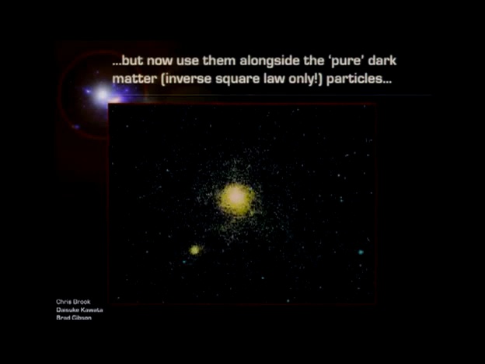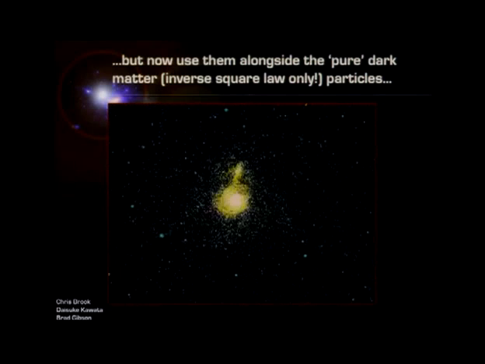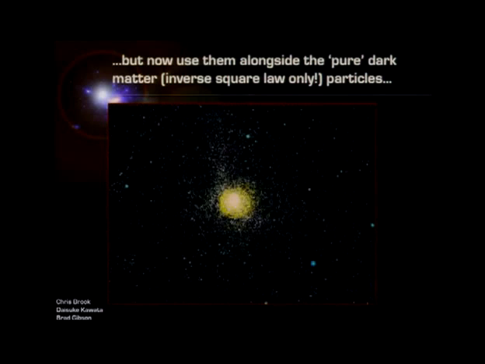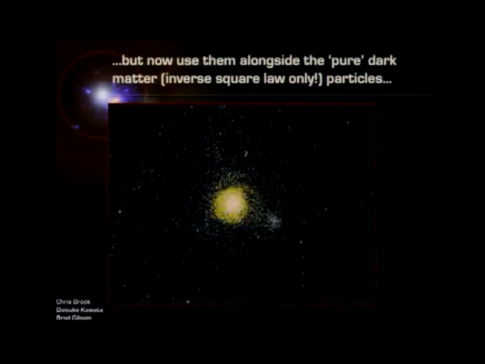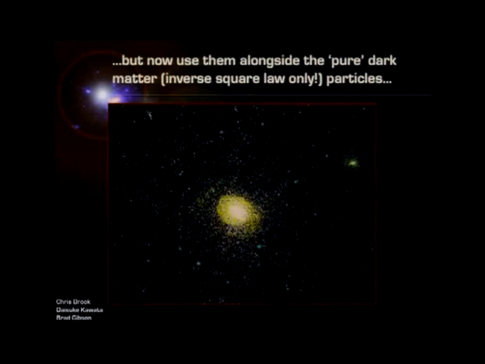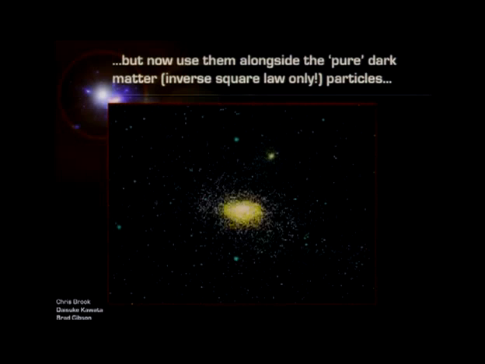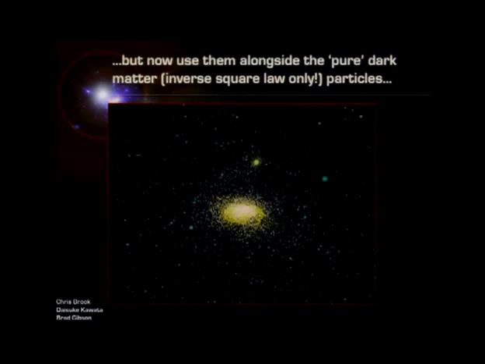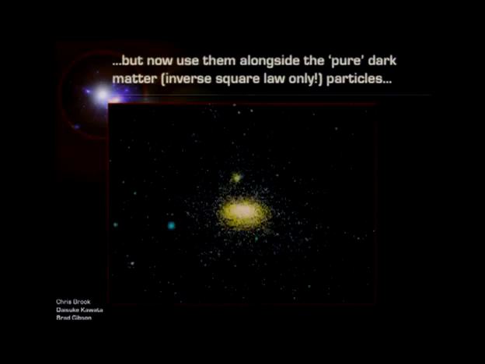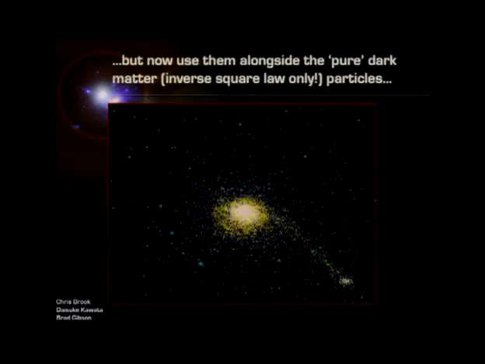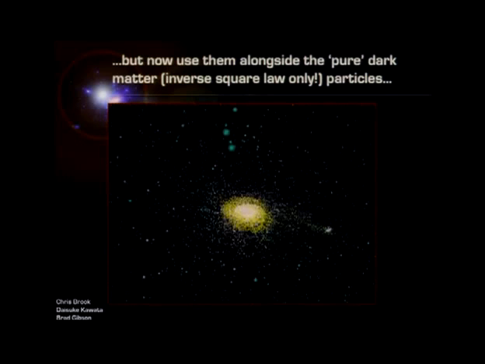The green particles are gas. The gas also feels gravity and moves around, but the gas can also be heated up, it can be cooled down. You can do interesting things to gas. You can convert the gas into stars as well, the stars that we actually observe with our telescopes. And so this was one of our first attempts to merge these two approaches by turning gas into a particle as well and having these particles work together in the simulation.